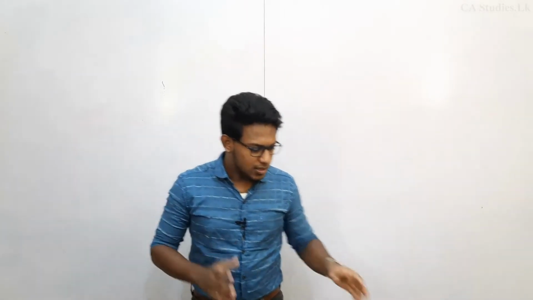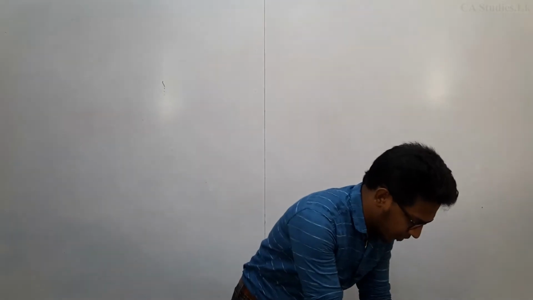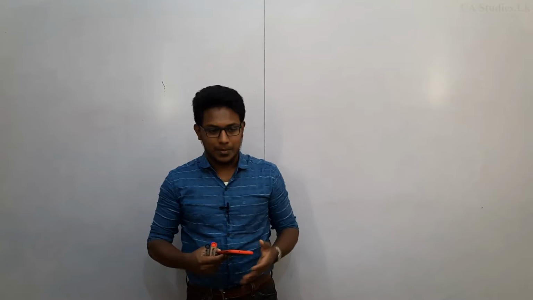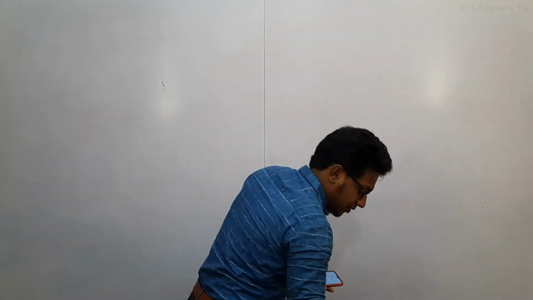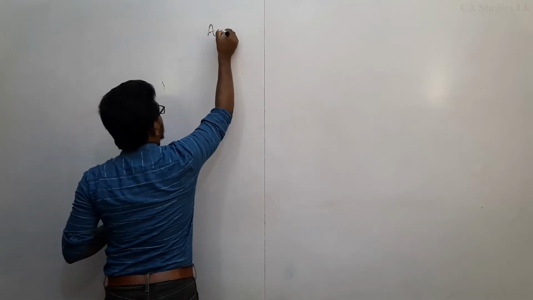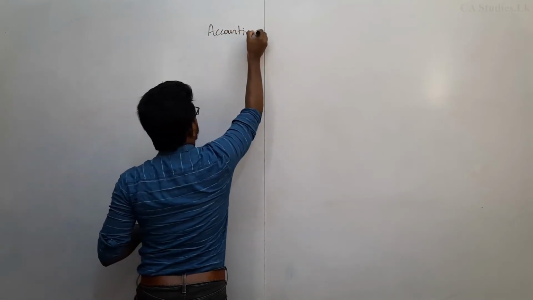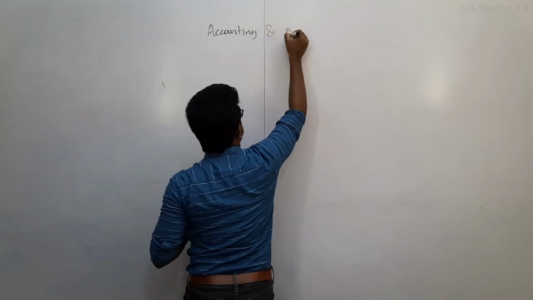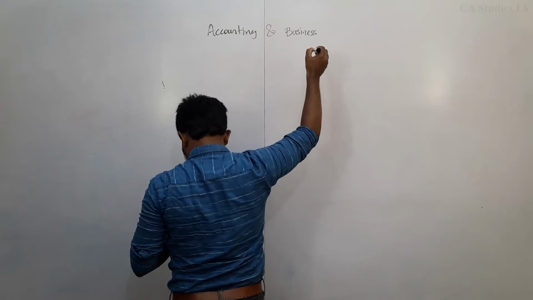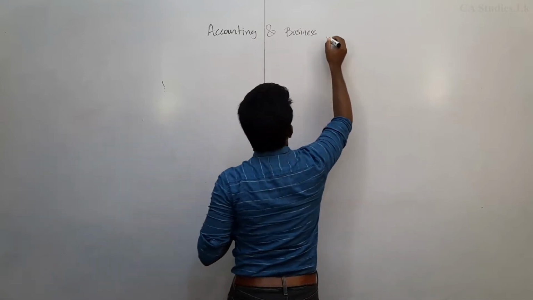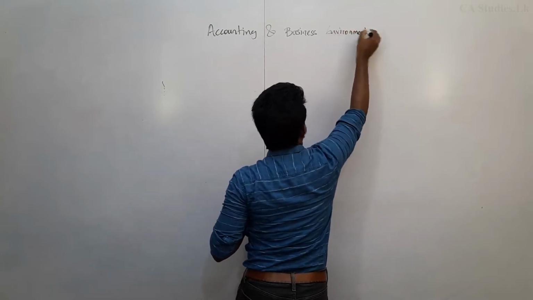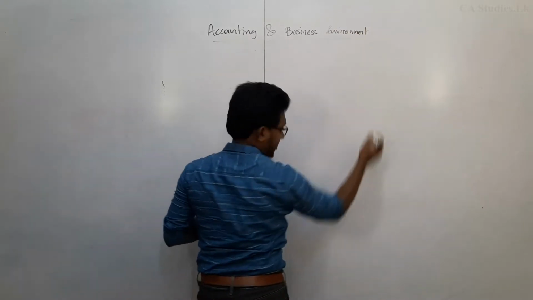Okay, let's start from the point where we have stopped last time. We are in the first chapter, that is accounting and business environment. In this chapter, there are three contents.